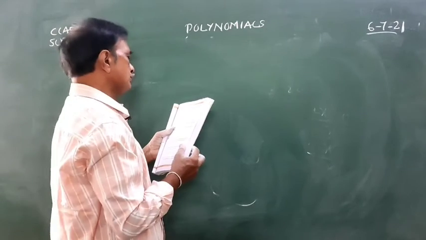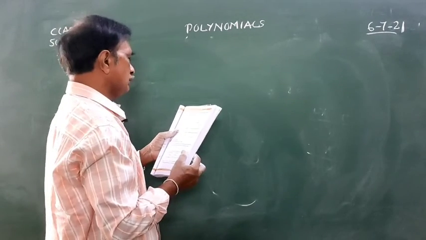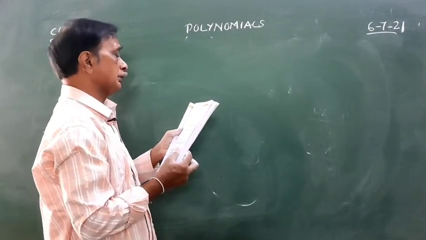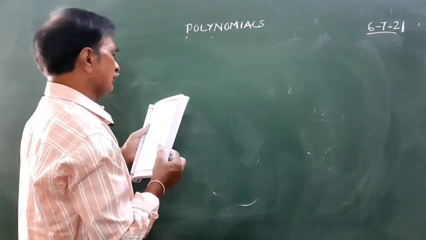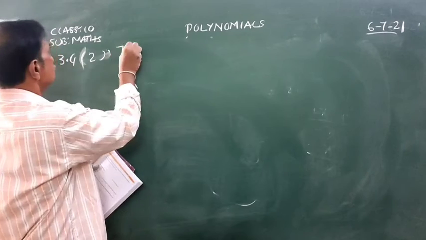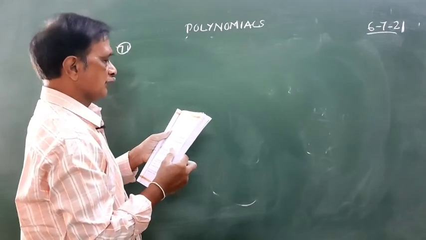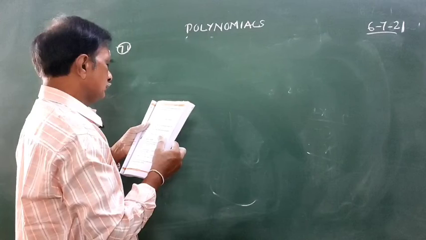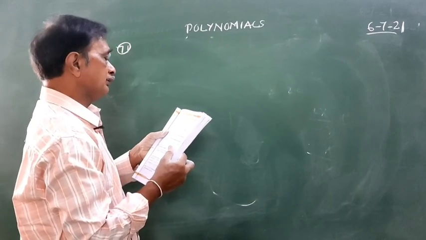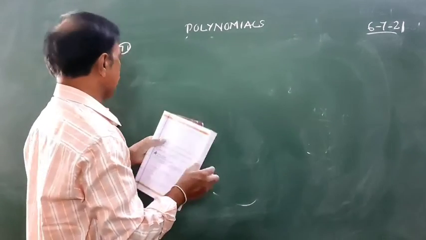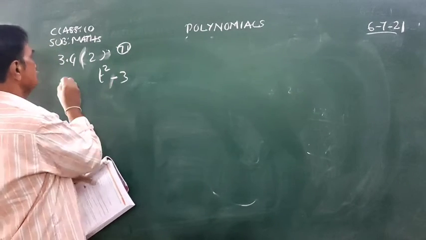Check in which case the first polynomial is a factor of the second polynomial by dividing the second polynomial by the first polynomial. So go to page number 71. See, here the first polynomial is given as t square minus 3.